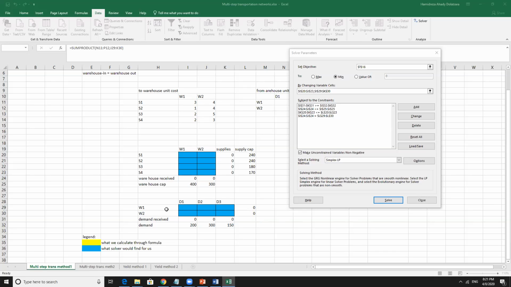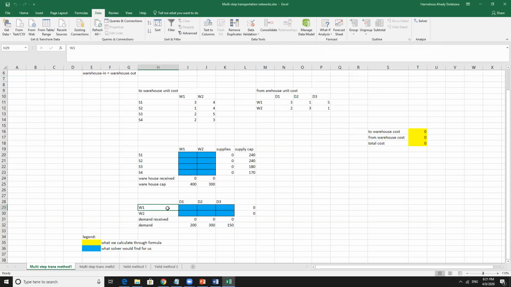This means how many goods you send from the warehouse. A similar logic applies for the earlier table.